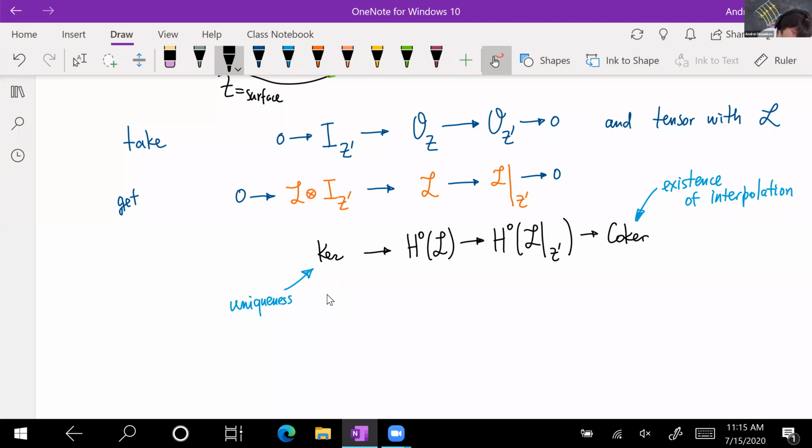And so the kernel, by the long exact sequence, sits inside H naught of this tensor with the ideal sheaf, and the co-kernel maps to H1 of this L tensor with the ideal sheaf.